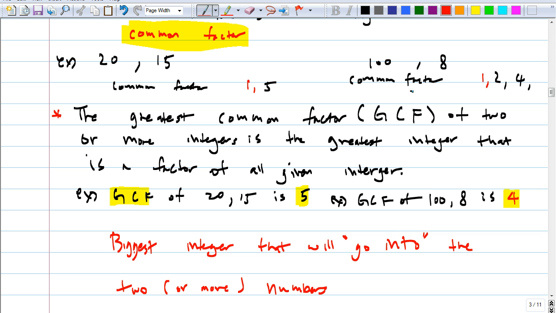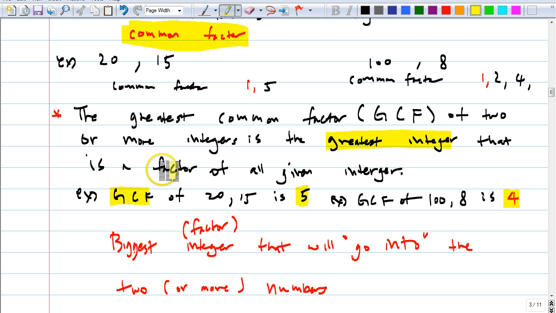Any question? Does this make sense? Greatest common factor, just like the name suggests, it's the biggest number that is common. Biggest factor that is common in both. You see what I mean? This integer is the biggest factor, right? Just like the name says, greatest common factor.